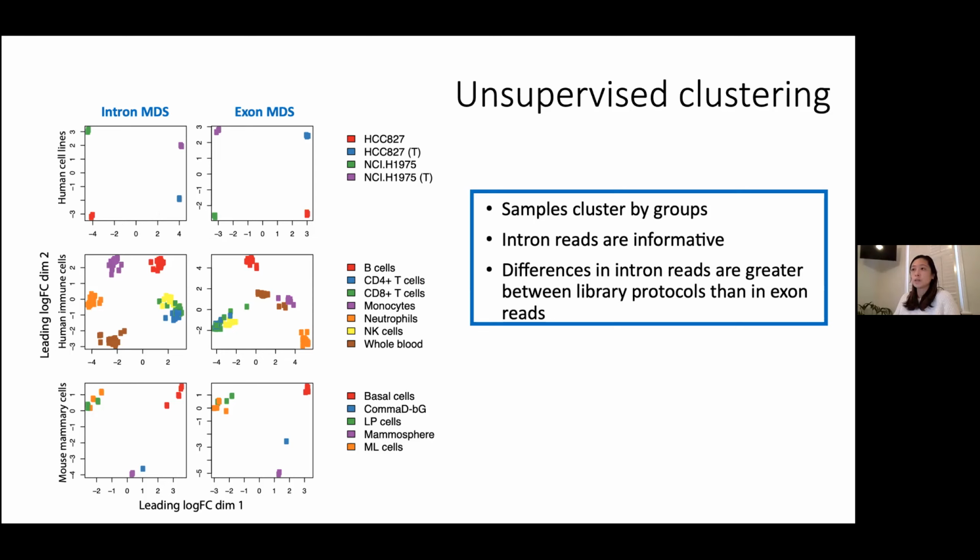So red is the poly A cell line and blue is the total RNA cell line of the same cell line, and similarly with the green and purple. But if you then look at the exon plot, dimension 1 actually separates the different cell lines in the same protocol. So green and red, where you have the 2 different cell lines in the poly A. So those transcriptional differences are bigger for the intron reads than they are in the exon reads.